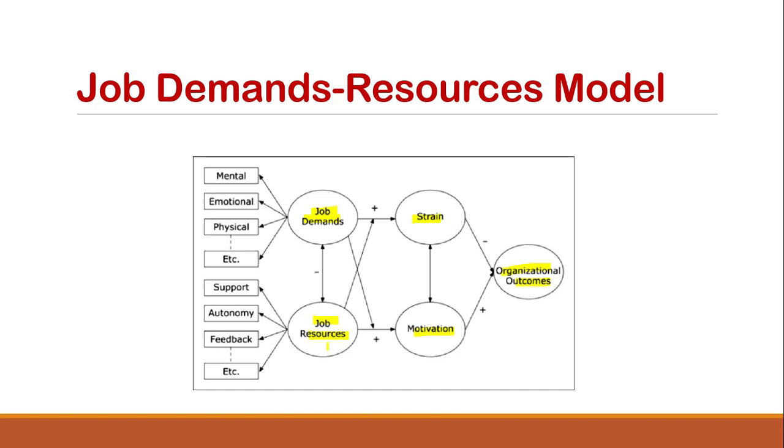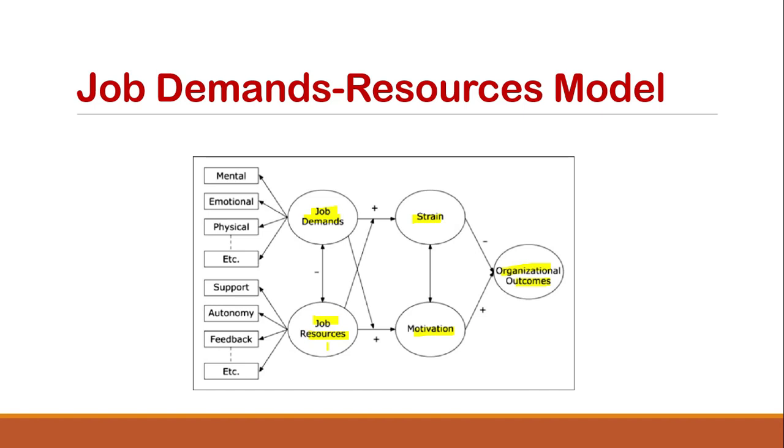These demands can be time pressure, heavy workload, stressful working environment, emotional labor, poor relationships, and so on and so forth. Resources, on the other hand, are some physical, social, or organizational factors that are helpful to achieve goals, and they also reduce stress. Moreover, demands lead to strain and resources lead to motivation.